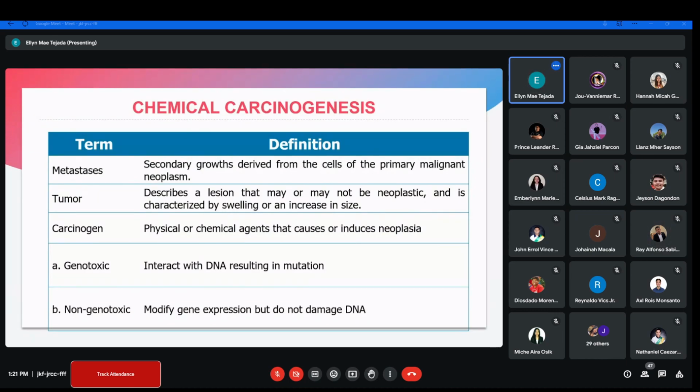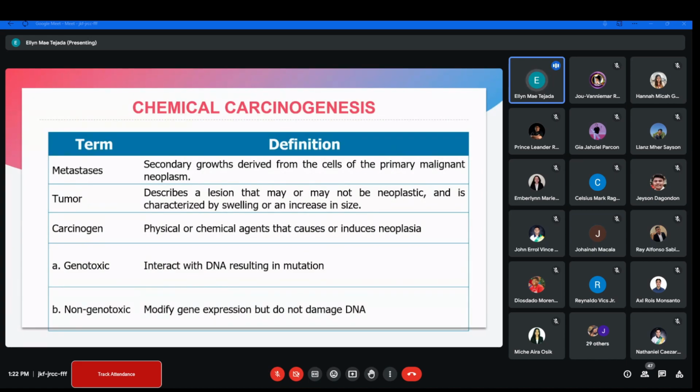So when you say cancer, it describes the subset of neoplasia that represents malignant neoplasms. So once a tumor is considered to be cancer, it must be both neoplastic and malignant.